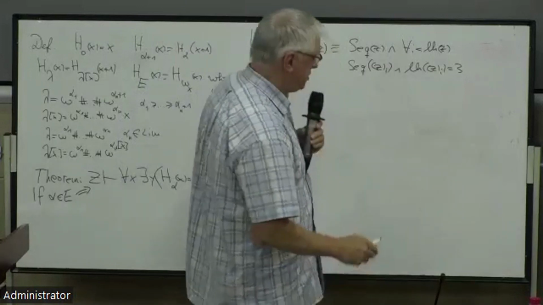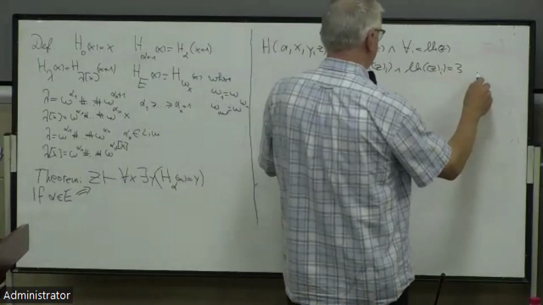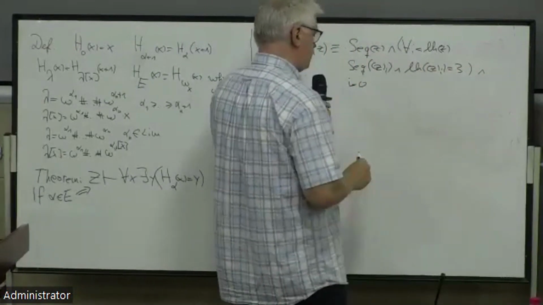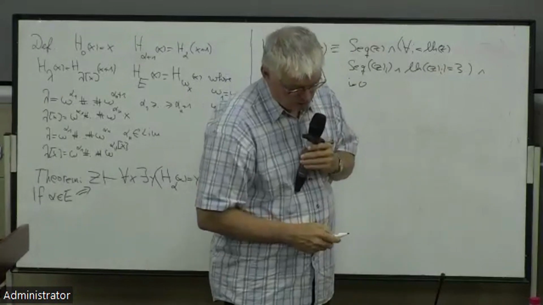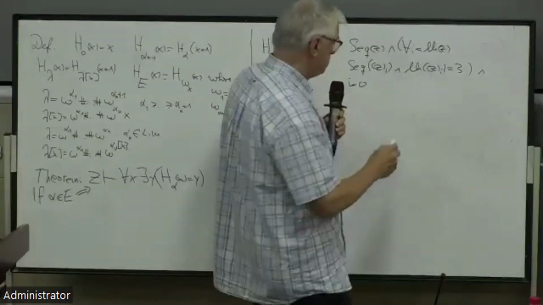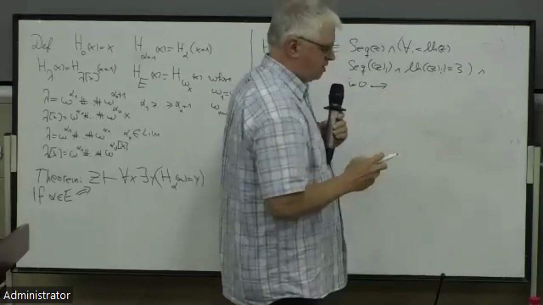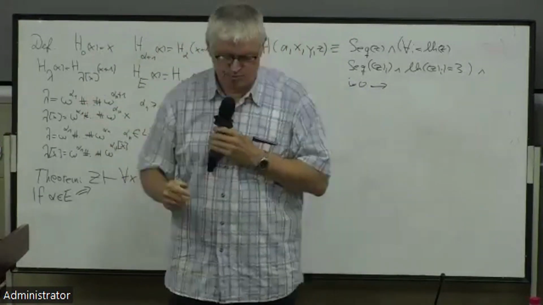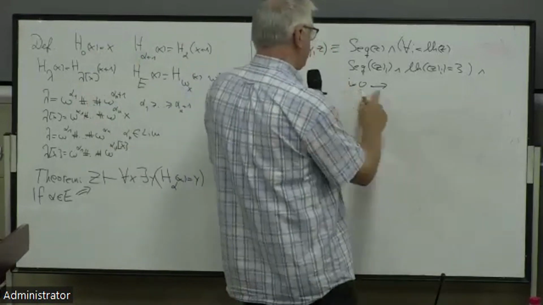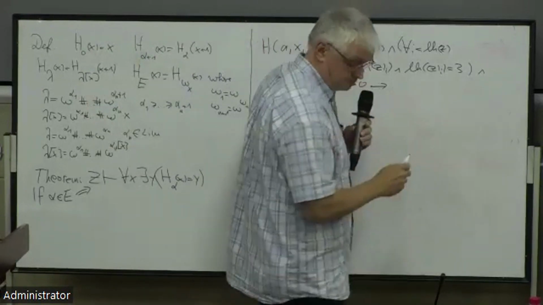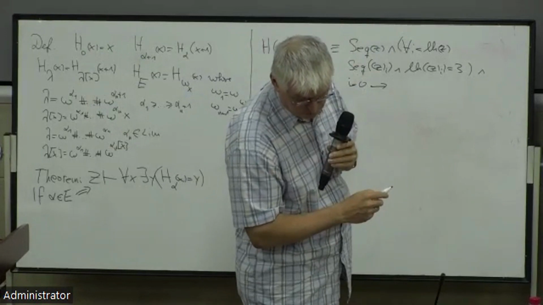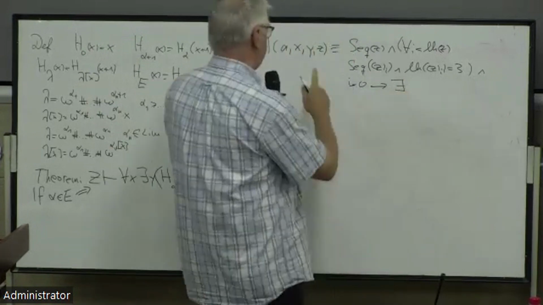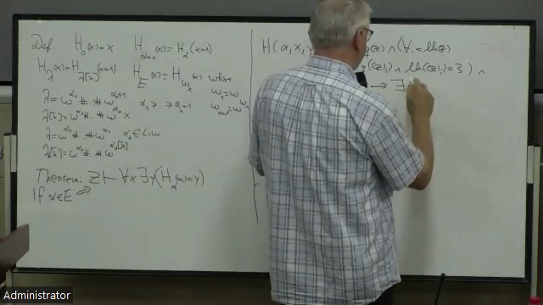So let's consider the case. What does it mean when we start with 0? Well, then I want to have that we are in the first case where h0 of x is equal to x. So if I is 0, then I want to have, well, there is a function value, but I don't know the function value.